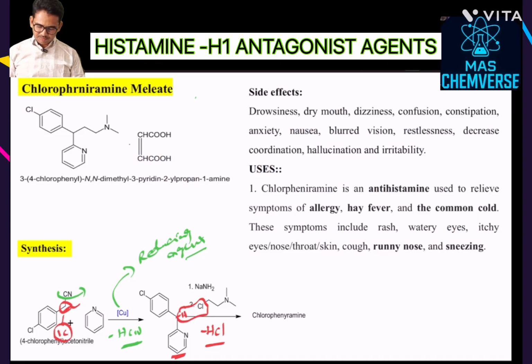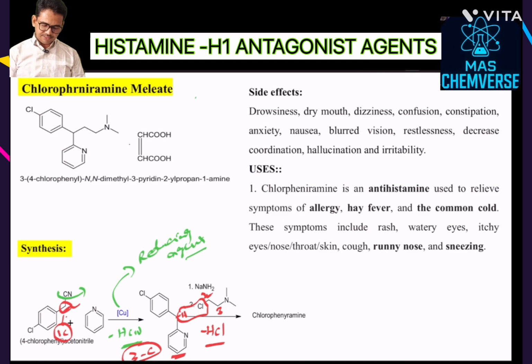Then another 2 carbons here, second carbon and third carbon, means total how many carbons? 3 carbons. 2 carbons from the dimethyl amino ethyl and 1 carbon from this particular starting material. Then total 3 carbons.